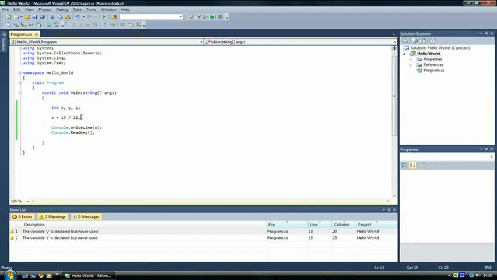So now you know how to do basic sums using numbers. Now let's go ahead and give y a value of 9 and z a value of 5. Okay, so instead of using numbers here, what we can do is use variables here. So we can have y plus z.